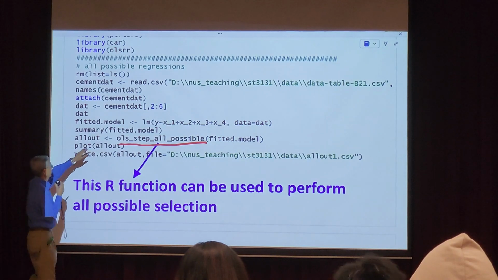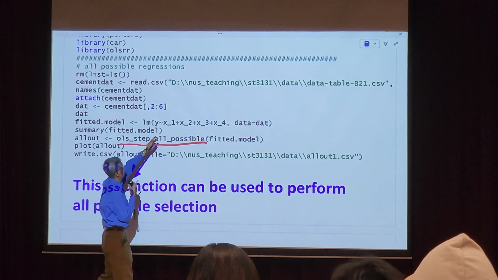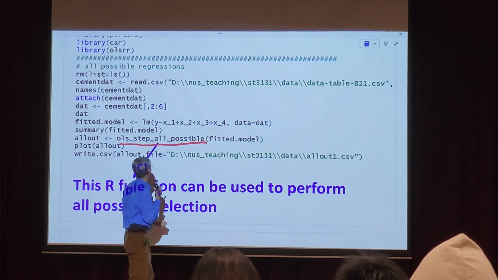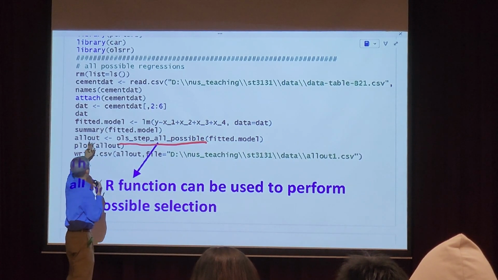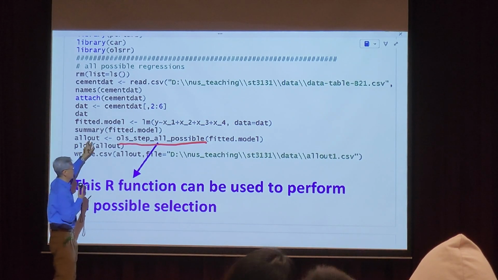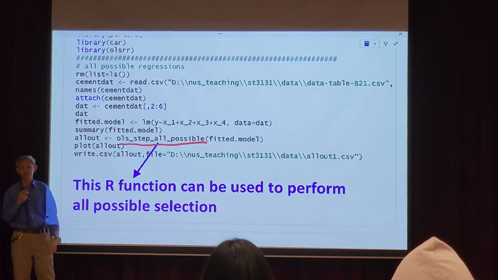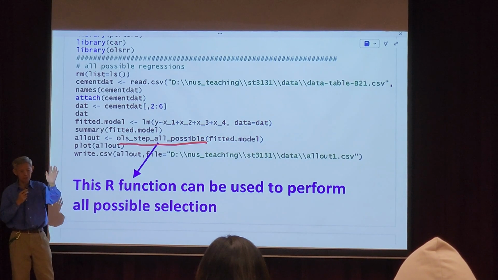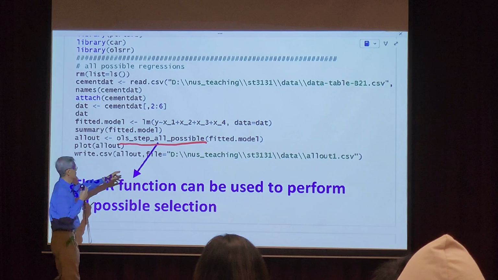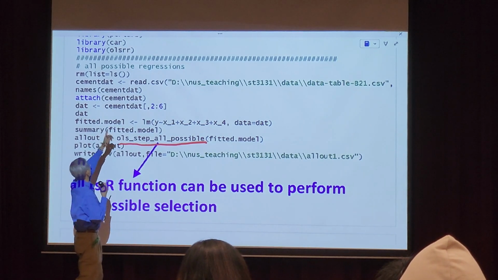So you fit a model with all the regressors there, and then you can say all out. All out will produce a table that we want. It will contain all the possible regressions, OLS, and so on.